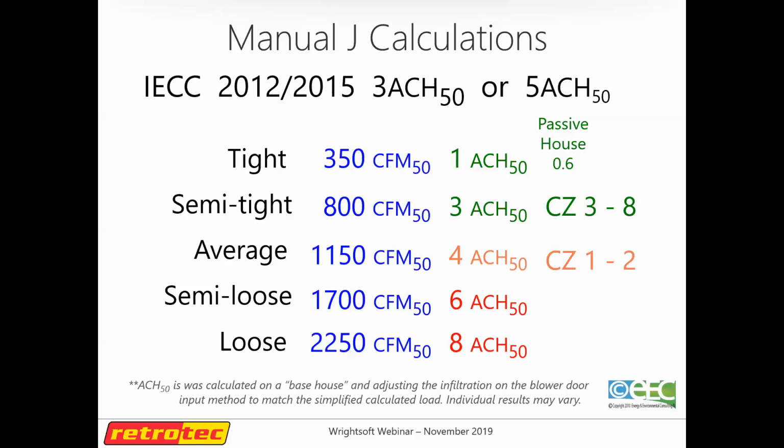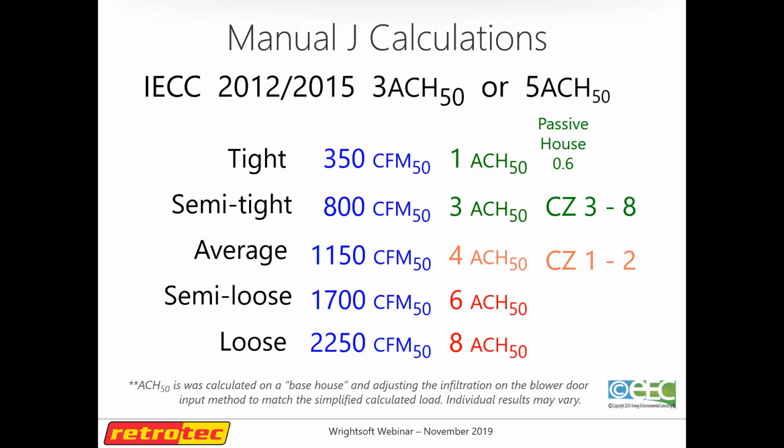Just because Hank Rutkowski is the guy who wrote the Manual J, just because he said the table stops at loose does not mean that is the leakiest a house can be, right? That would be crazy. And so there's such a thing as homes that are looser than loose. And having one of them starts to get pretty difficult.